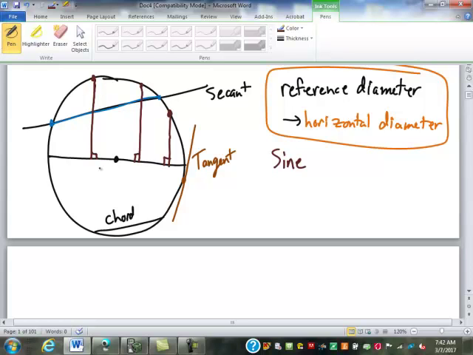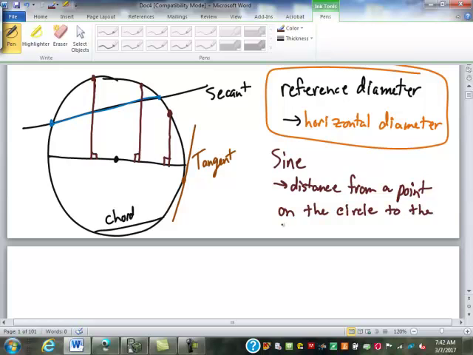The distance from any point on the circle to the reference diameter. So yes, it's the distance from any point on the circle to that reference diameter.